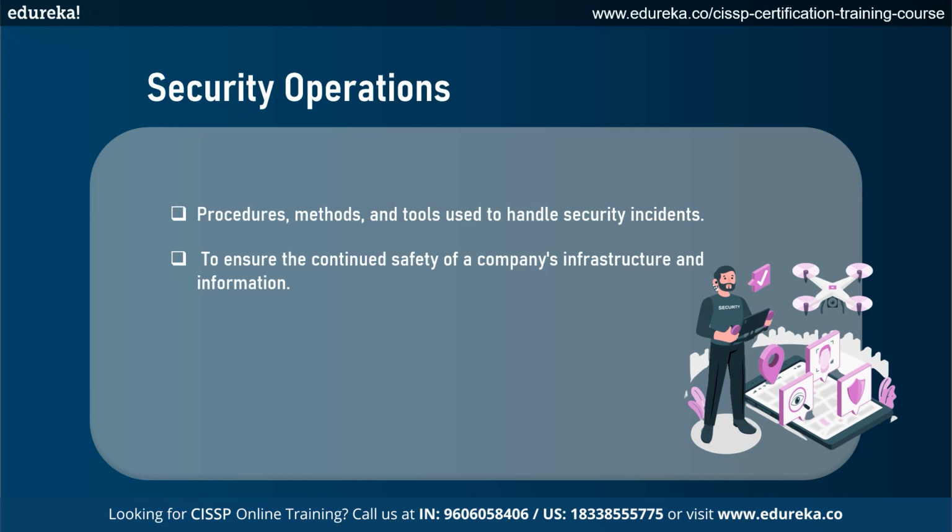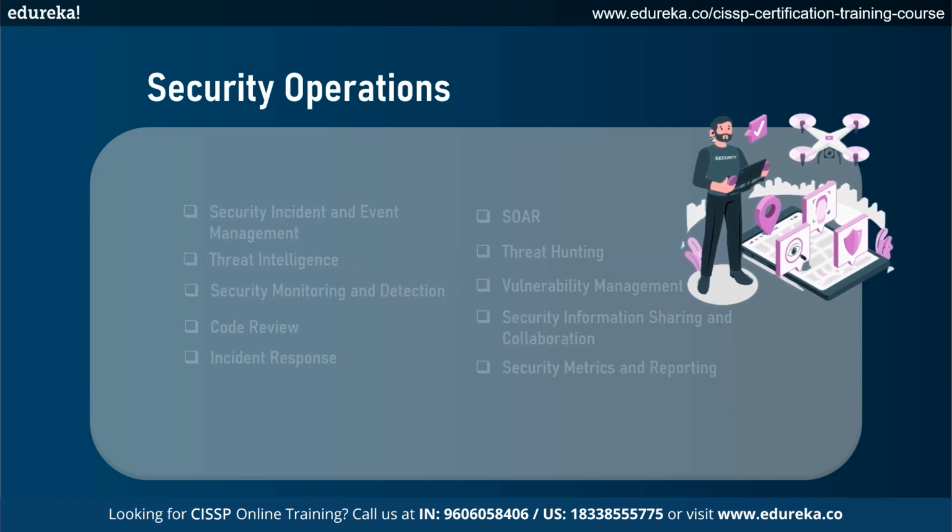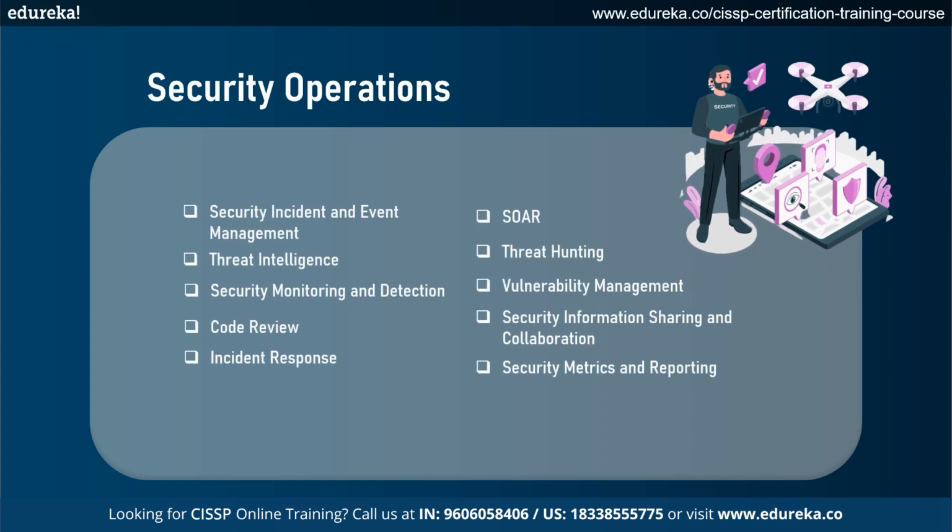Some of the essential key components of security operations include security incident and event management, threat intelligence, security monitoring and detection, incident response, security orchestration, automation and response, threat hunting, vulnerability management, security information sharing and collaboration, security metrics and reporting, and continuous monitoring and improvement.